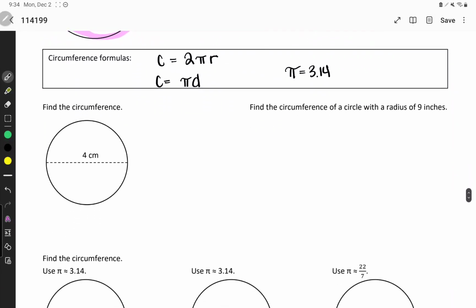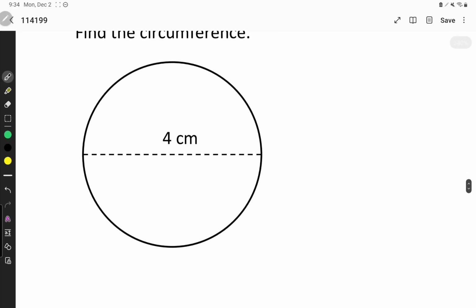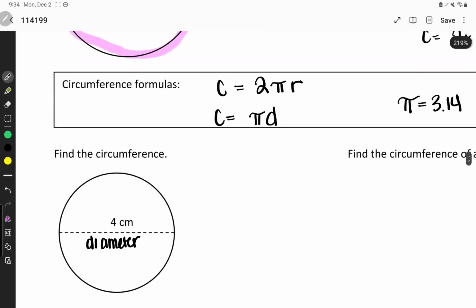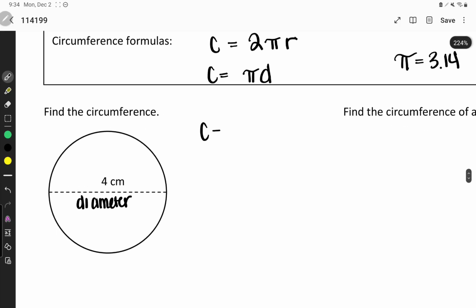Okay, so taking a look at this right here, is this a diameter or a radius? This is a diameter. I have 2 circumference formulas. I have circumference equals 2 times pi times radius, and I have circumference equals pi times diameter. The one I'm going to use is circumference equals pi times diameter.